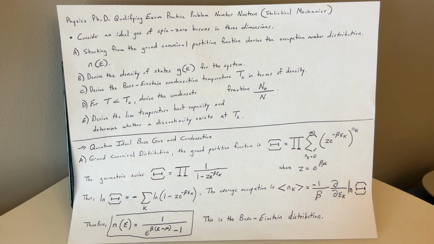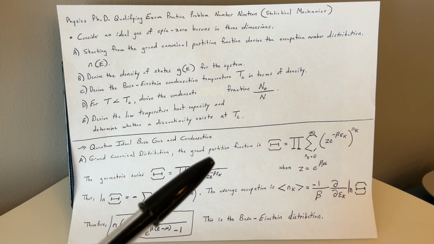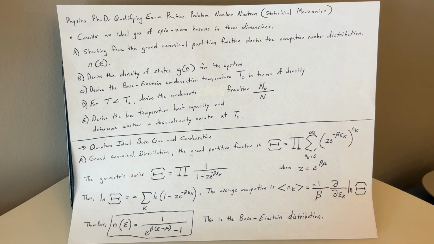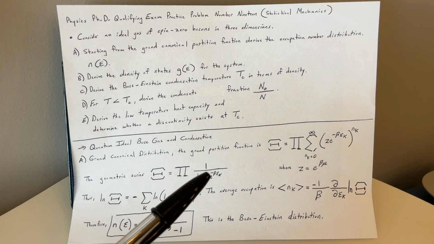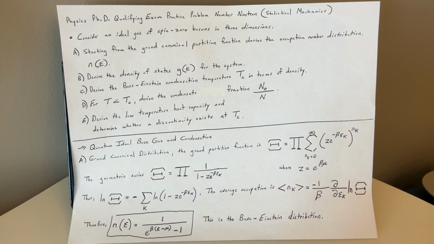The geometric series here gives capital Xi equals capital Pi of 1 over 1 minus ze to the negative beta epsilon sub k. By the way, for capital Xi, z equals e to the beta mu. So going back, that was the geometric series.